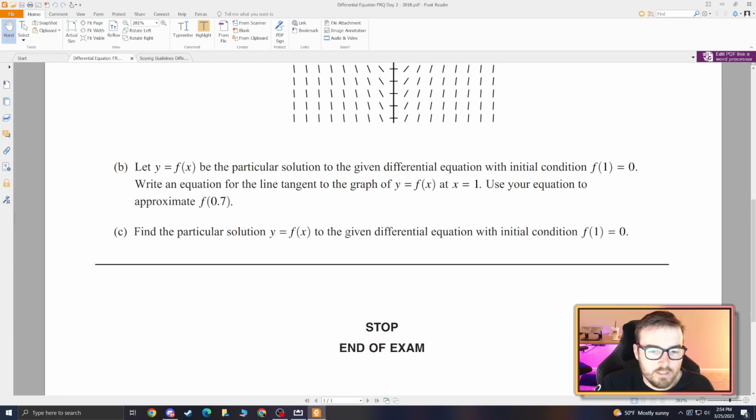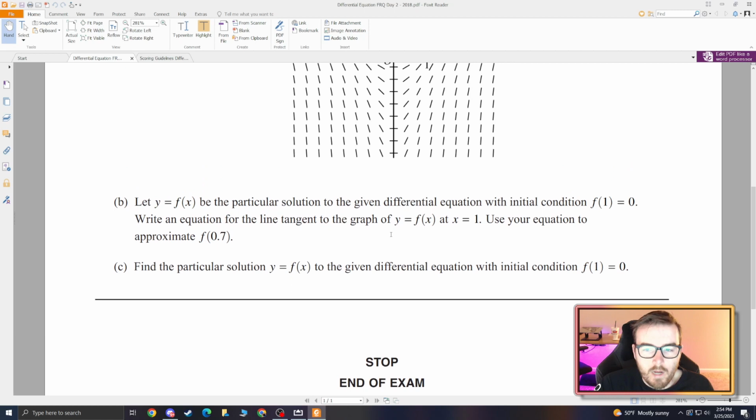All right, let's focus our attention on the tangent line. We're trying to draw a line tangent to f, so that means we need to know a point on f and the slope of f. Well, the point on f was given to us.